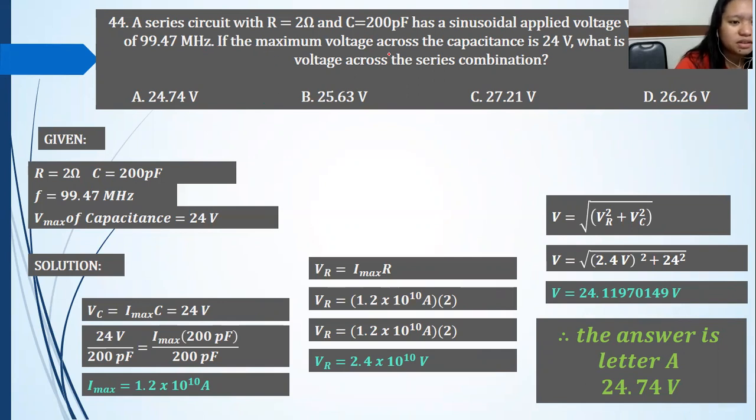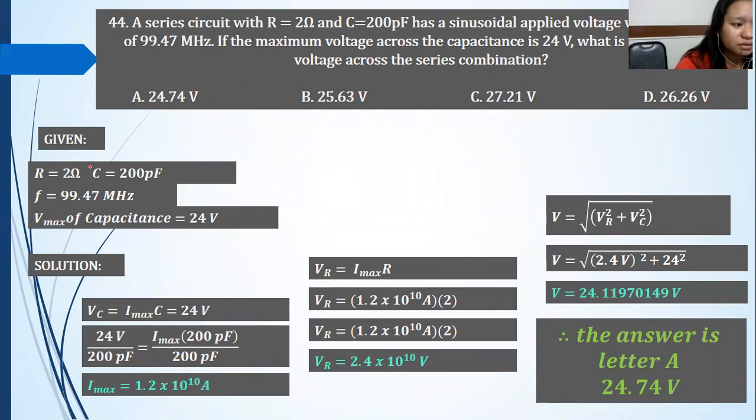If the maximum voltage across the capacitance is 24 volts, what is the maximum voltage across the series combination? The choices: A, 24.74 volts, B is 25.63 volts, C is 27.21 volts, and letter D is 20.26 volts.